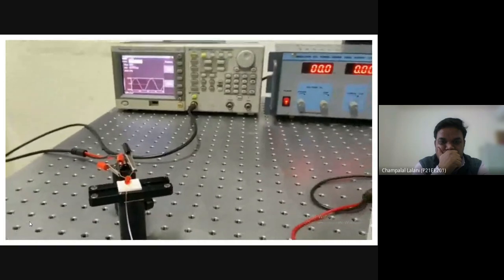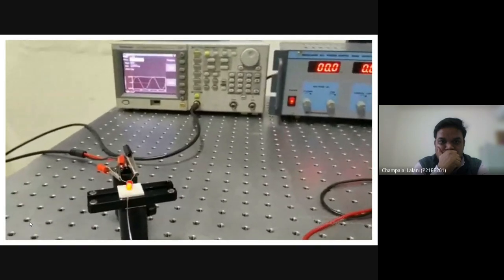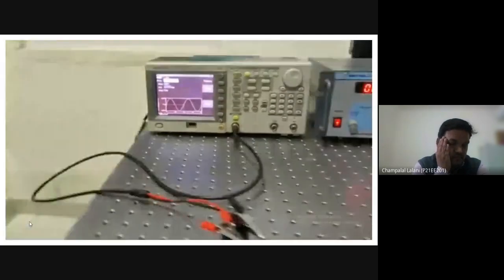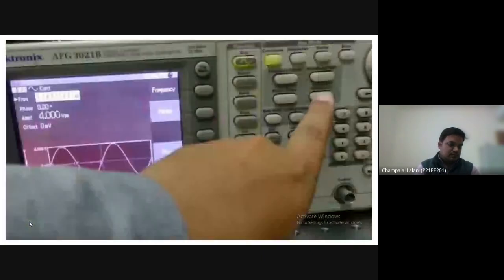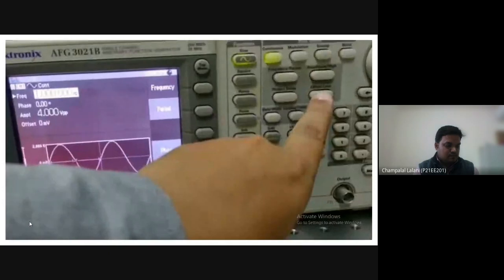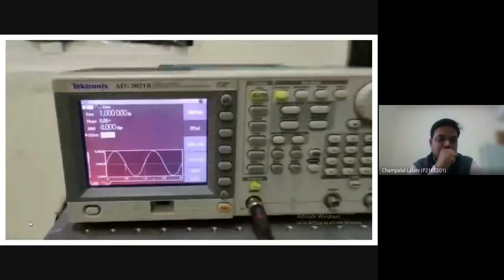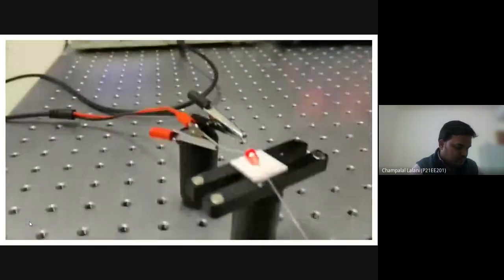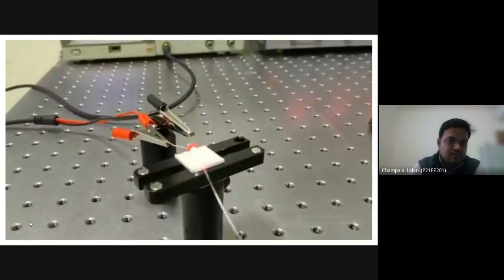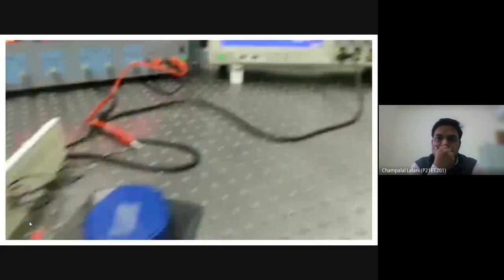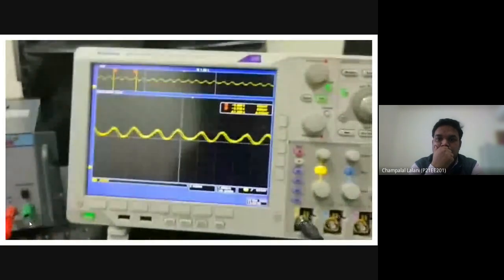To see the complete signal, I am giving an offset of 3 volts at the input, which will shift our signal from -2 to 2 volts to 1 to 5 volts. So here we can see that the intensity of the LED is varying as a sine wave, and the same we can see at the output of the CRO, a full sine wave.